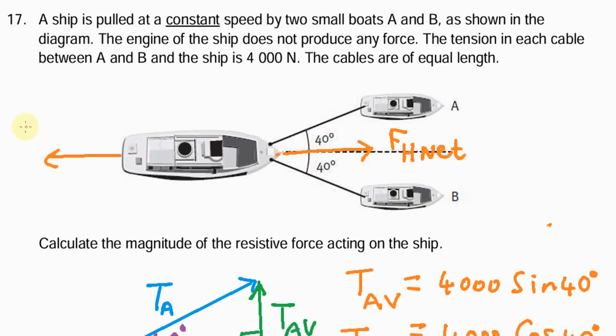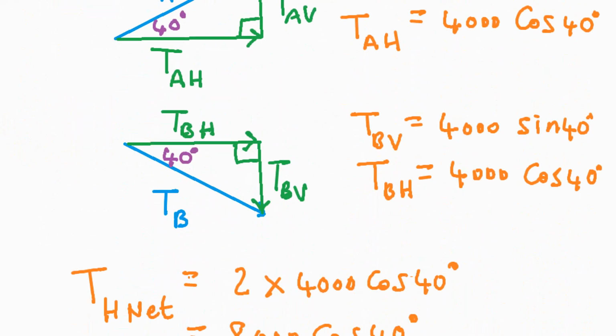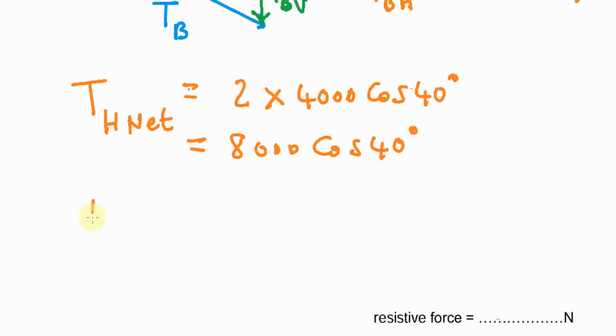And to the left here, we will have the resistor force, which we can call R. And these two must be equal. So the system is in equilibrium, so we know that the resistor force must equal the net horizontal component. They act in opposite directions, but both are in the horizontal plane.